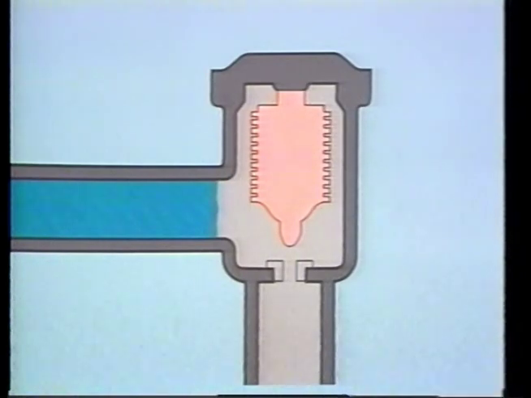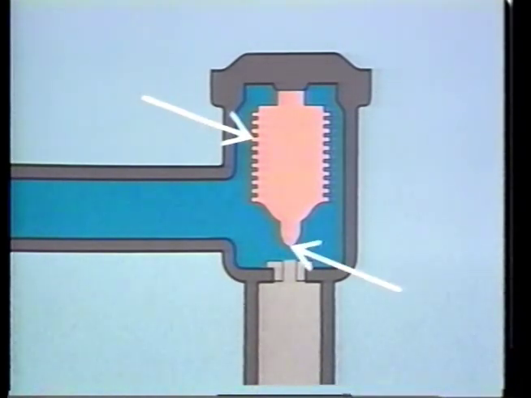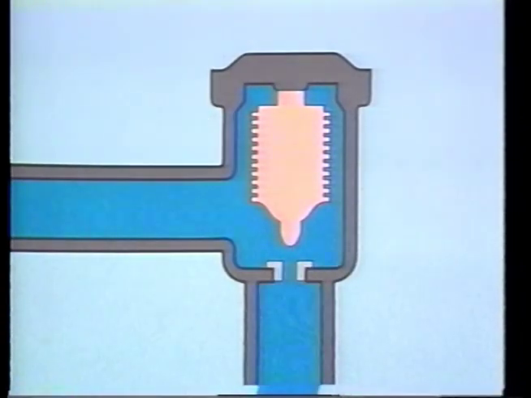Let's assume there is cool condensate at the trap inlet. When condensate fills the inside of the casing, the bellows will be compressed and the trap valve open. The condensate simply flows through the trap. But when steam is about to enter the trap, the condensate in front of the steam will be hot enough to boil the liquid inside the bellows.